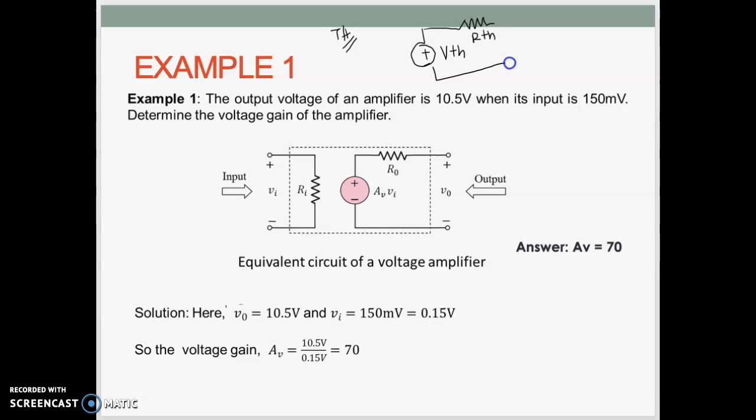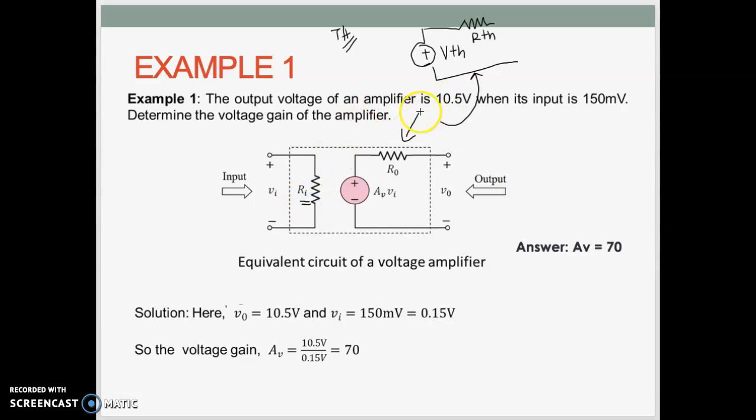This is what we call the equivalent circuit of the Thevenin. If we look at the voltage amplifier, the circuit at the output will be almost the same as Thevenin, because this voltage source will be in series with the resistor. So how can you recall this? A voltage amplifier always relates to the Thevenin at the output. What will happen at the input? We only have R in.